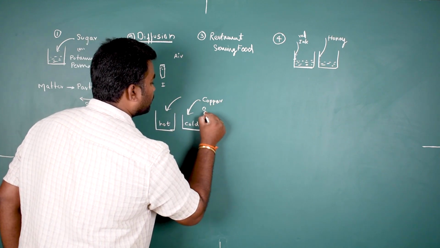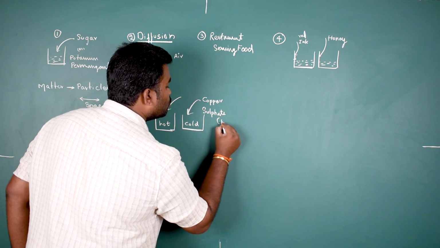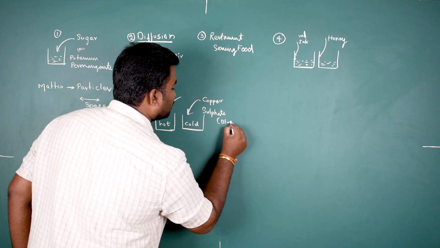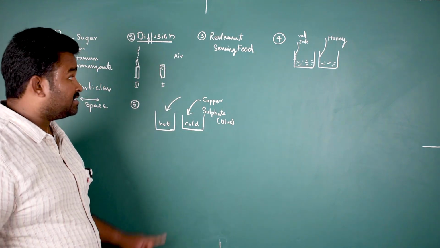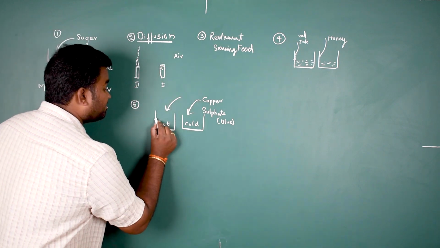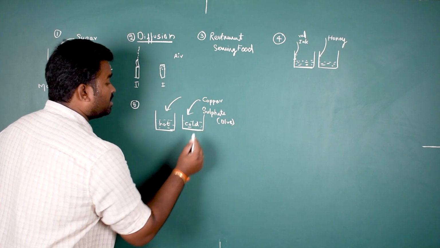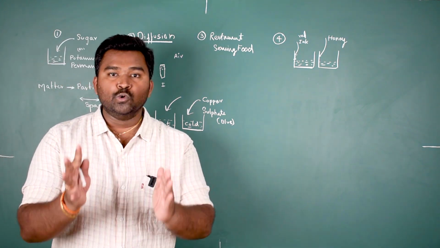What is it? Copper sulphate, which is a blue colored salt. When we add this, just like potassium permanganate that we have seen, it gets dispersed into the hot water and cold water, making the solutions blue in color.